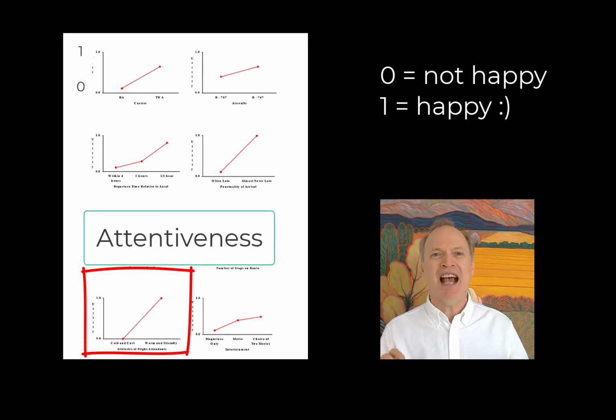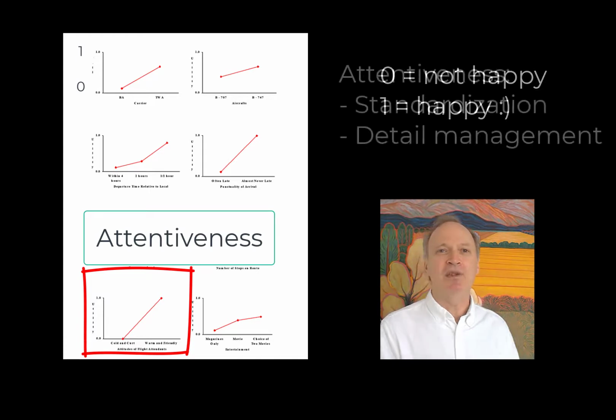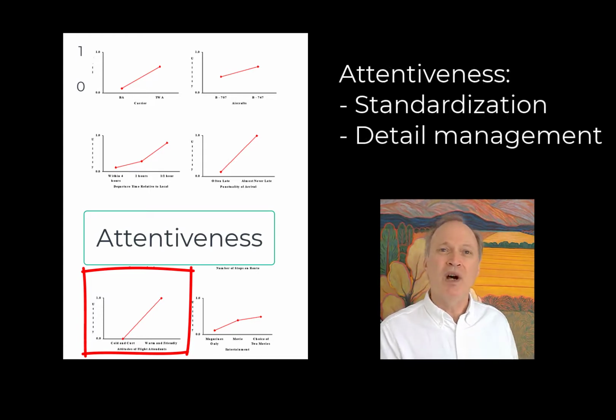And if you want to be high on attentiveness, the literature has now pointed that warm and friendly may not be the way to do it, but maybe instead you need to focus on 2 key management issues. One, standardization, and the second is detail management. That's what you need to move from one attribute level to another.